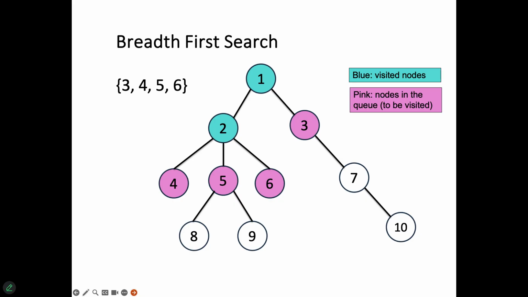So Helena said 3. Why should we go from 3? Can you unmute and let me know? Our frontier is 3, 4, 5, 6.